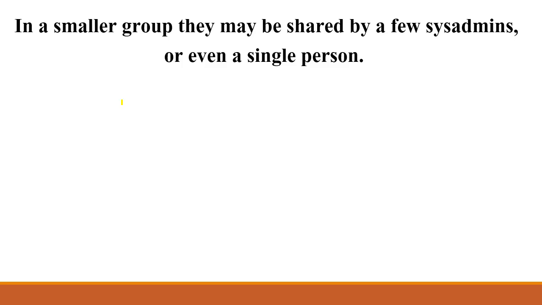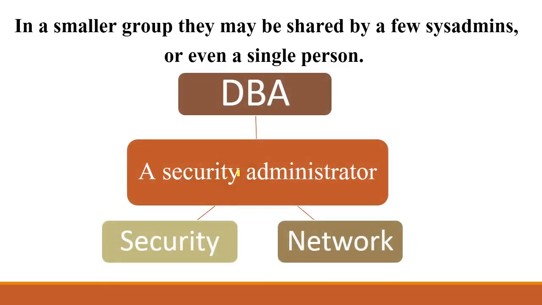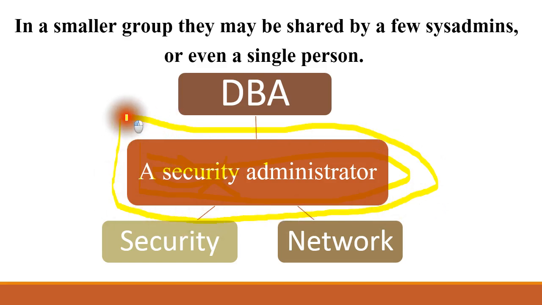In a smaller company, guys, you just don't consider this security. Call it administrator. You get one administrator who will be doing the database work, the network work, and the security work also. All of it will come to one guy, or it can be given to two guys. That is the situation you face in a larger company or a smaller group.